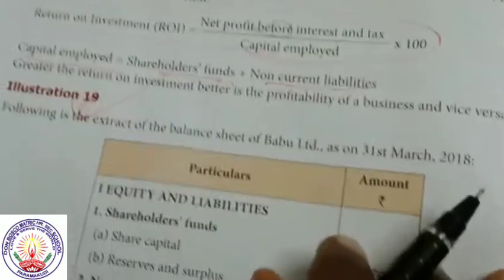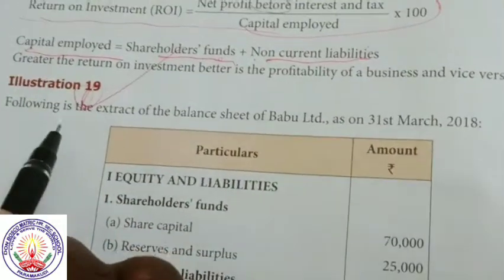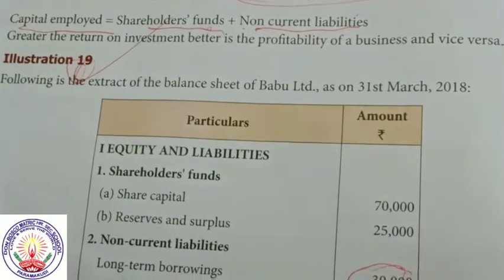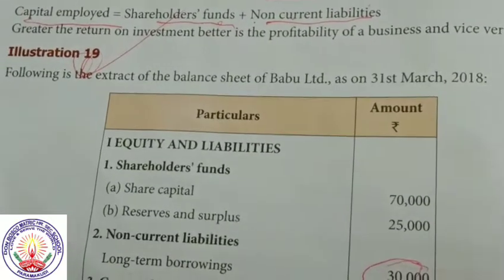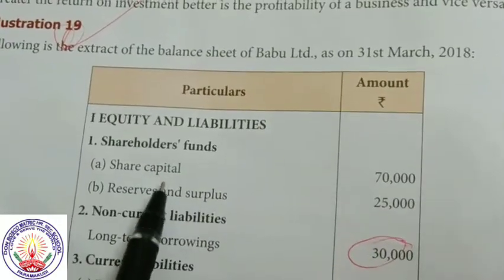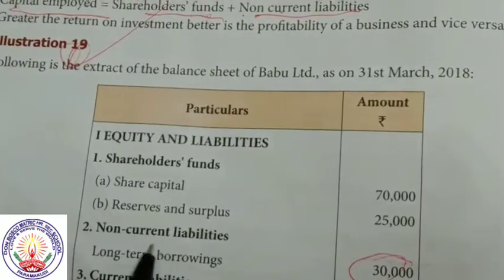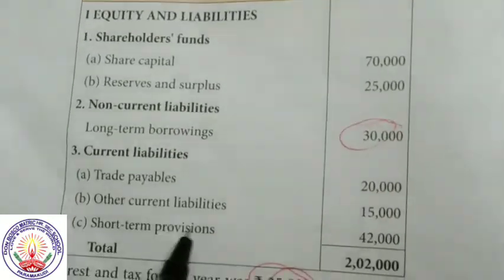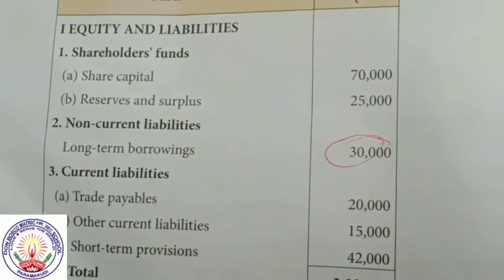Now see the sum, illustration 19. From the following balance sheet of Bahu Limited as on 31st March 2018. Particulars: equity and liabilities. Equity means shareholder capital, reserve and surplus. Non-current liabilities: long-term borrowings. Current liabilities: trade payable, other current liabilities, short-term provisions.